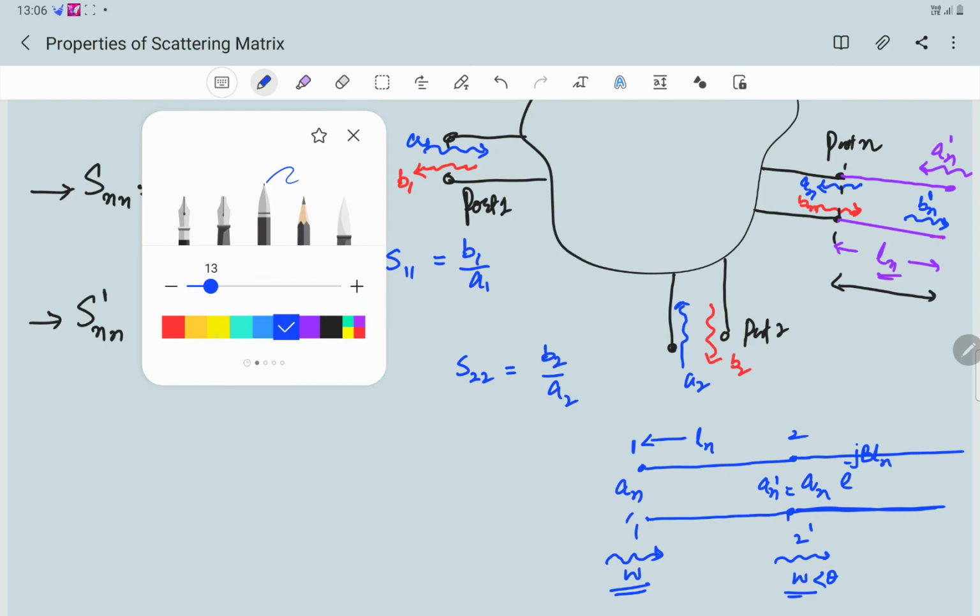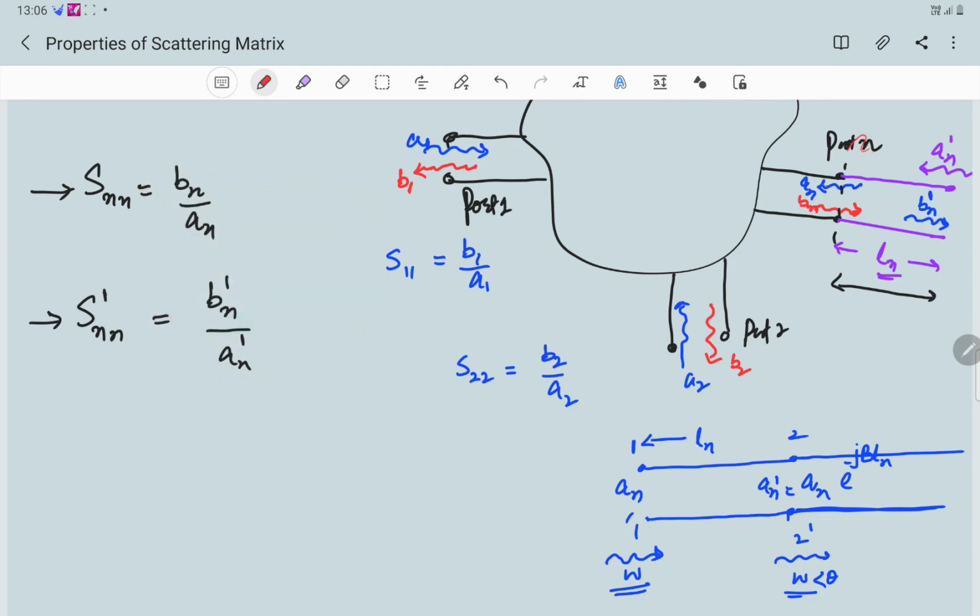Now if we observe at port 1, as we can see at port N, I had initially this port N. Now I am moving away from it. I have this extension by a length Ln. Now how is this An dash related to An? Using the similar logic that we use for a lossless transmission line, I can say that An would be An dash e to the power minus j beta ln.